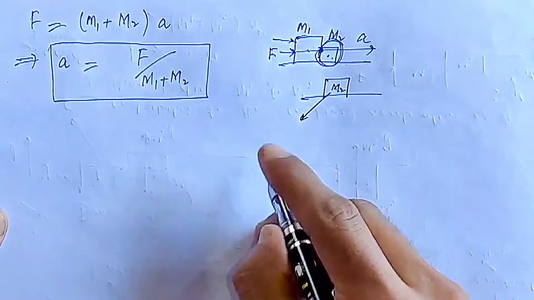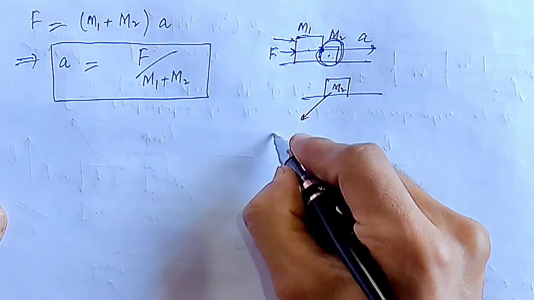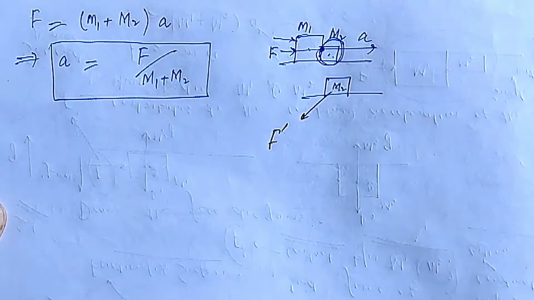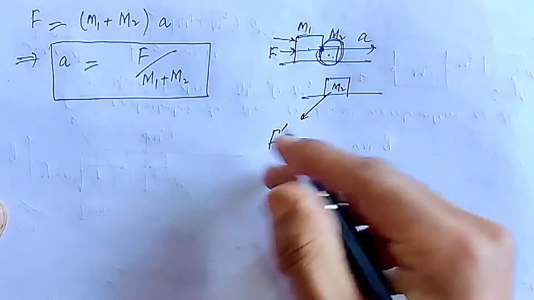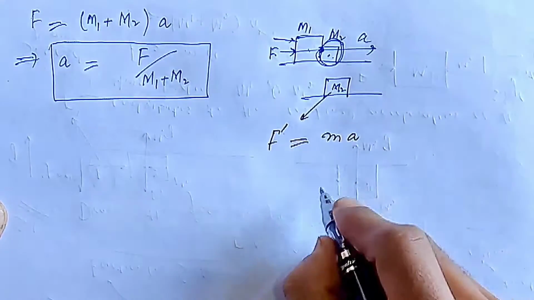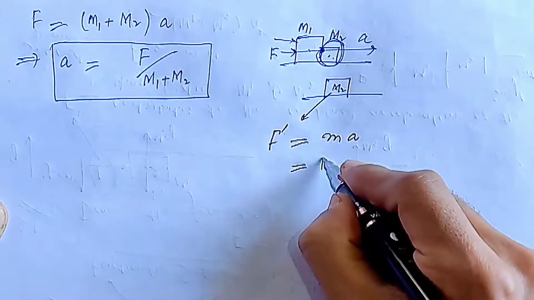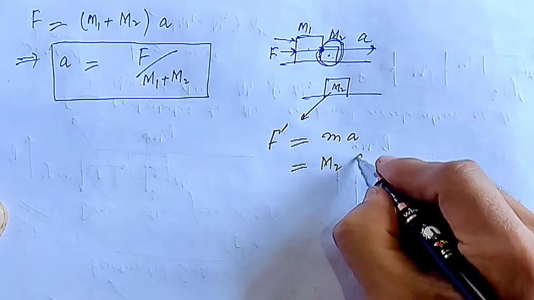Suppose the force acting on the M2 body, that is the force of contact, we represent as F prime. It will be given by the second law of motion, that is mass times acceleration, and the mass here is m2 times the acceleration.